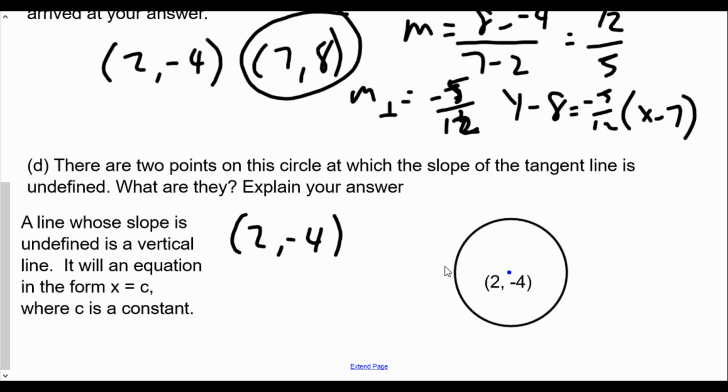First off, how do we find x values? Well, this diameter has to be horizontal, because if you have a line perpendicular to a vertical line, it must be horizontal, and therefore it will have 2 x values here.